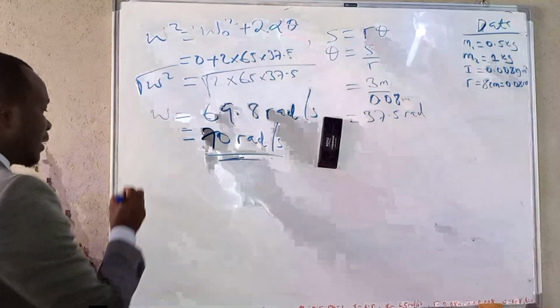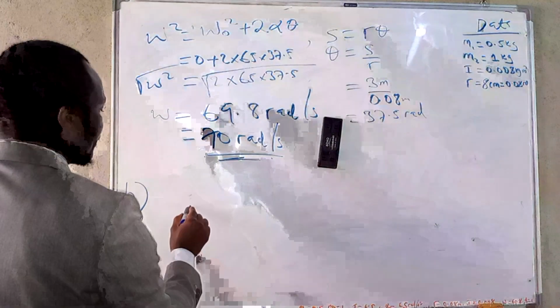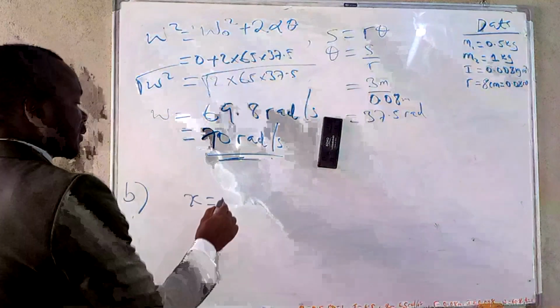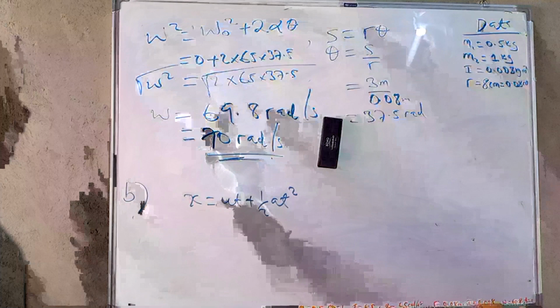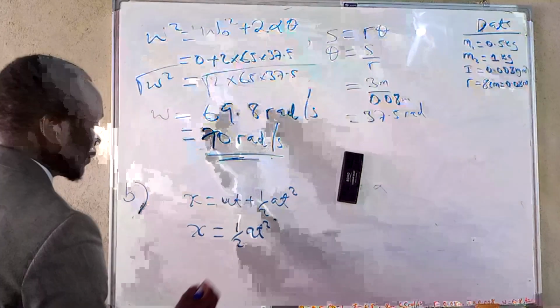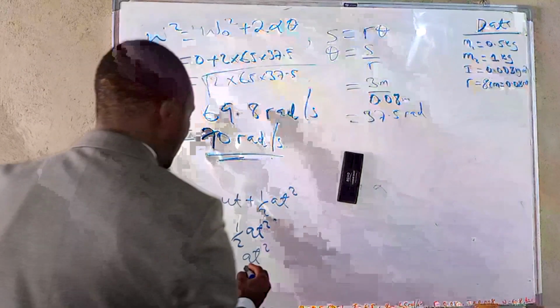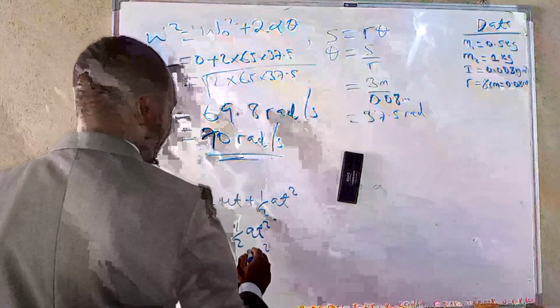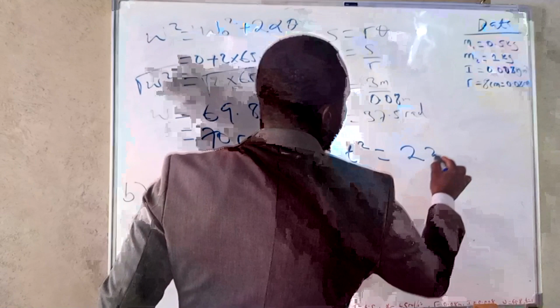Then for part B, for how long, we know that it is about time. One of the equations we have is X equals ut plus half at squared. Since u is 0, X is equal to half a t squared, so that 2X is equal to a t squared, and t squared is equal to 2X over a.